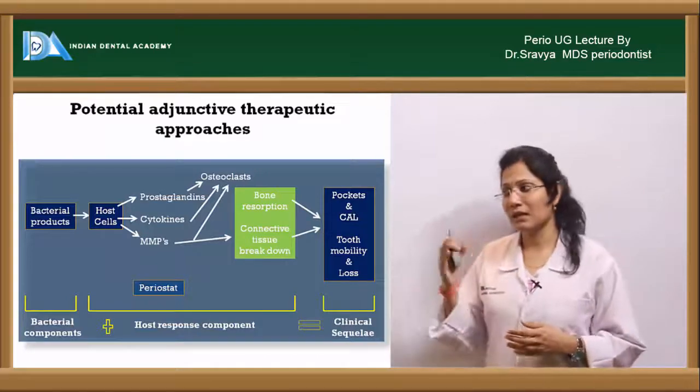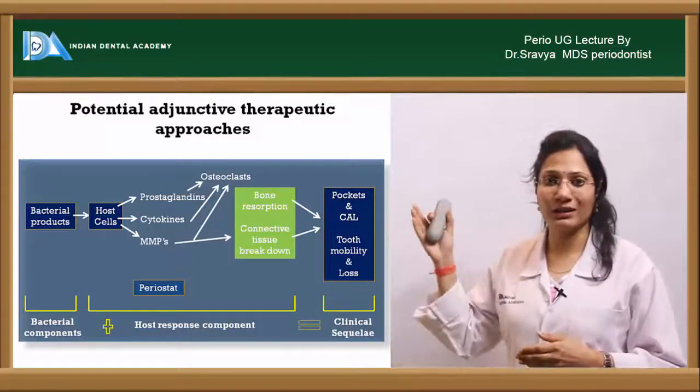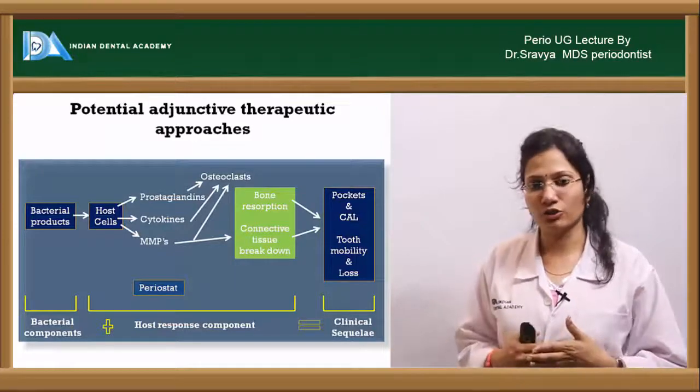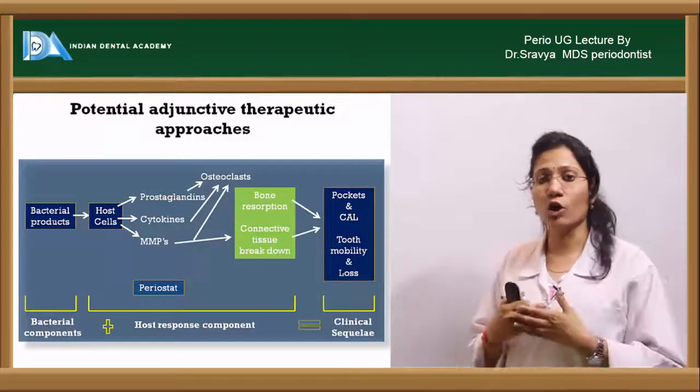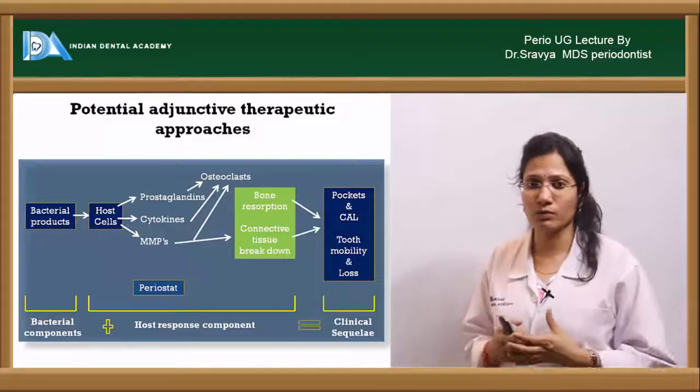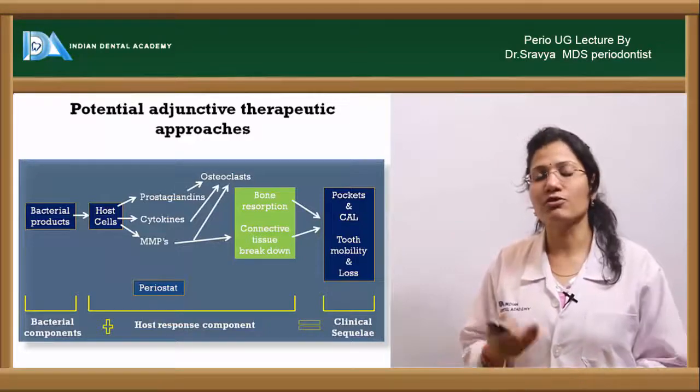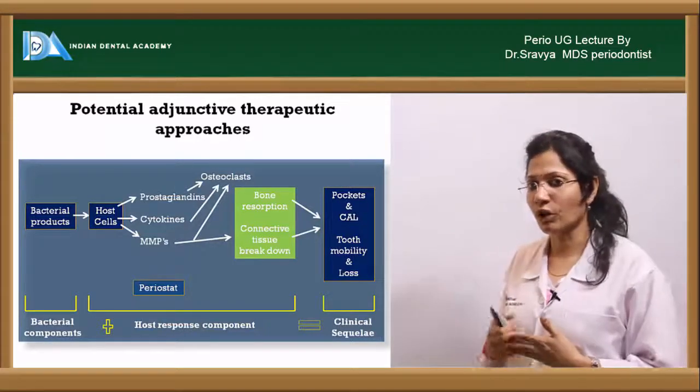Now your MMPs at the same time are going to act on the connective tissue collagen fibers and break down all the collagen. So once your osteoclasts have resorbed the inorganic matrix of the bone, the MMPs or the collagenases will act on that area and remove the organic constituents of your bone.